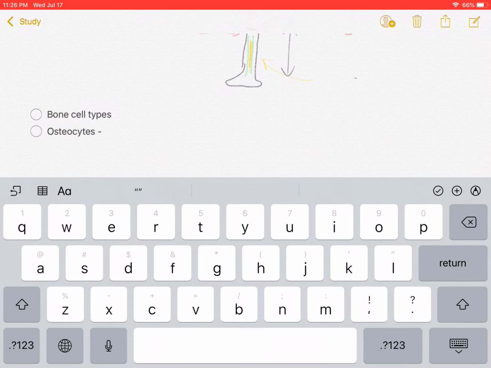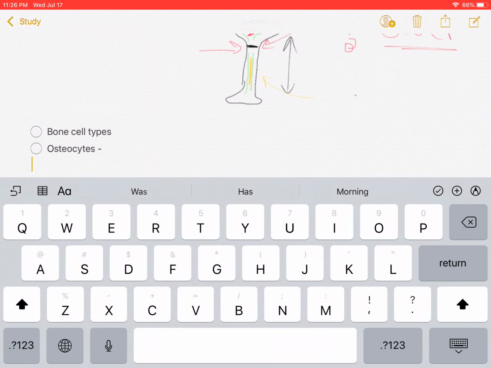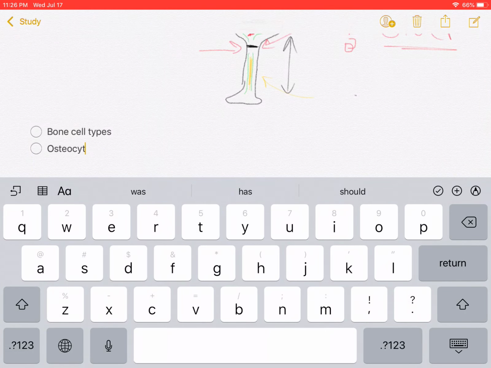But first, let's talk about what starts everything, the osteogenic cells. I'm going to erase this. Let's do osteogenic cells. The osteogenic cells are osteoprogenitor.